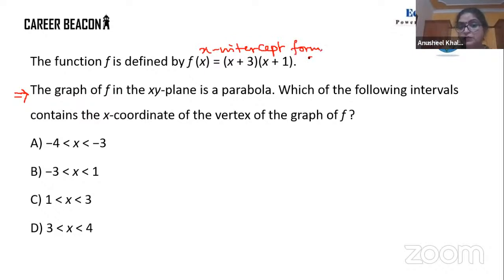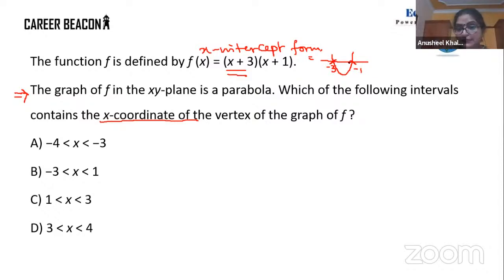But you don't have to do that, right? If you read the question carefully, the question is not asking for both the x and y coordinates of the vertex. The question is only asking for the x coordinate of the vertex, right? So if you know that parabolas are always symmetrical, and x-intercept form simply indicates this parabola will cut the x-axis at 2 points, one is -1 and the other is -3, right?